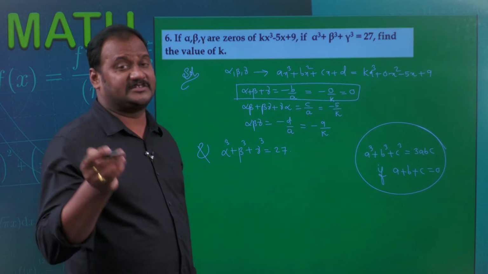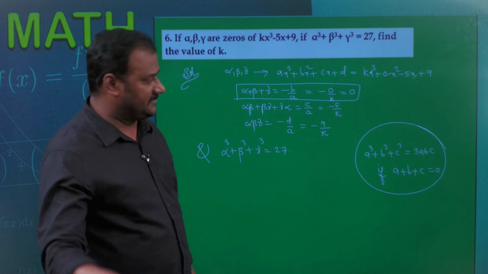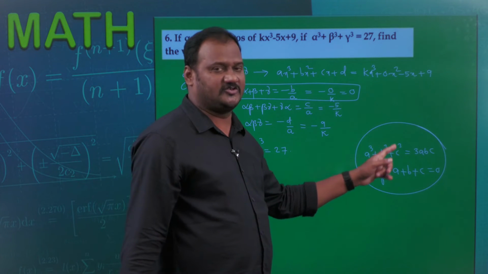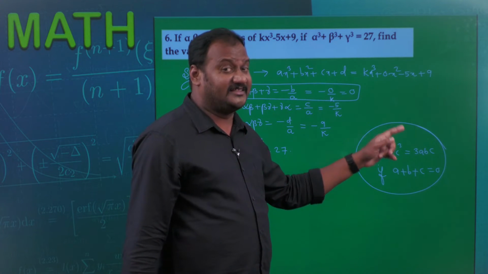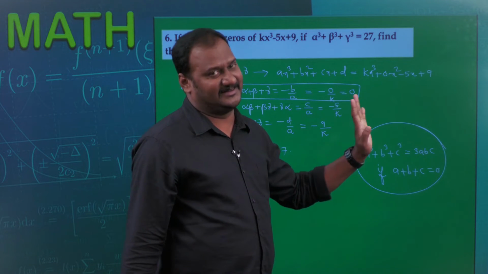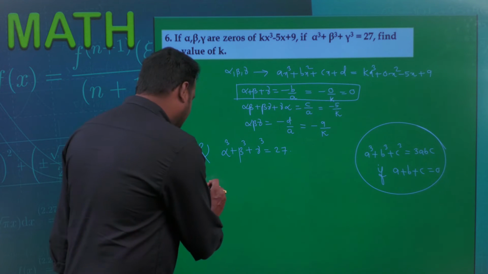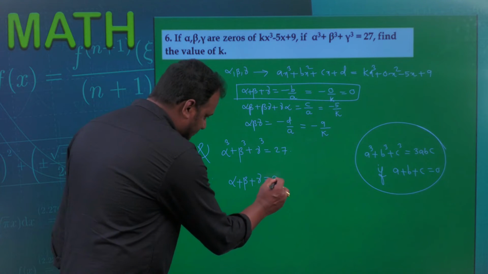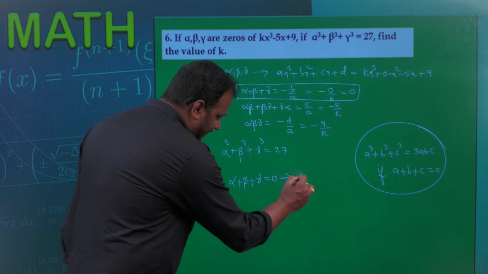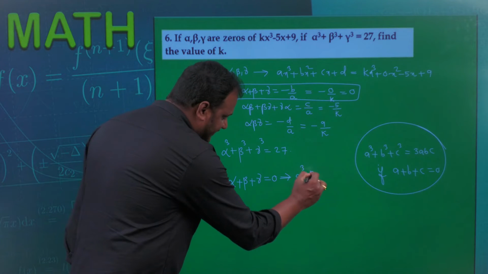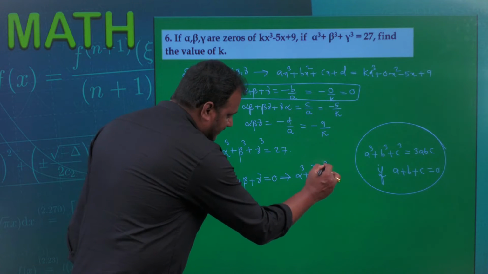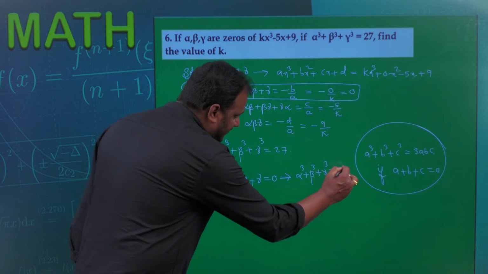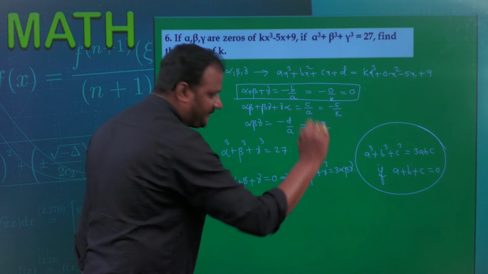So since alpha plus beta plus gamma is equal to 0, therefore alpha cube plus beta cube plus gamma cube is equal to 3 alpha beta gamma.